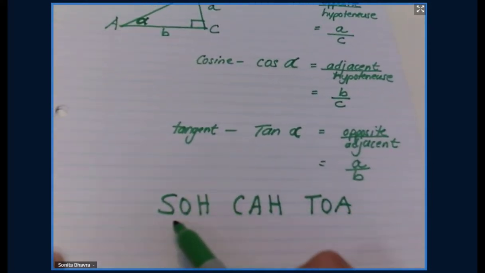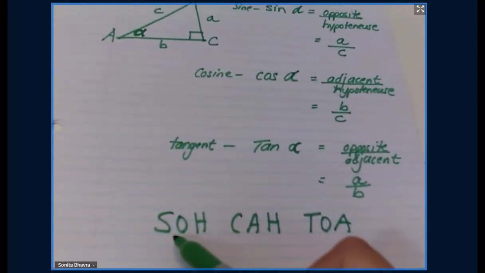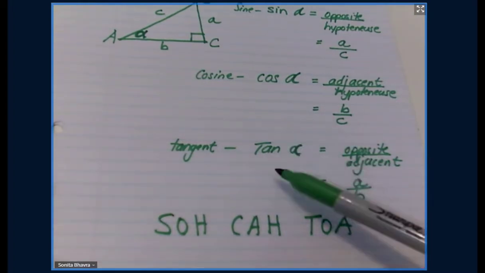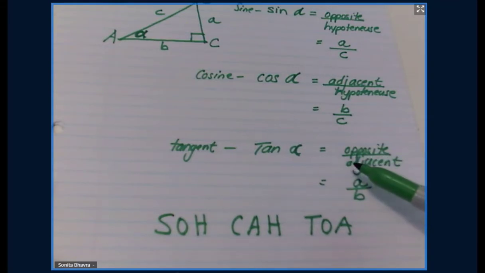S represents sine. The sine ratio is opposite over hypotenuse. The cosine is represented as C here, adjacent divided by hypotenuse. And then the tan ratio is opposite divided by adjacent. All right, so that is just the acronym to remember those ratios. So SOHCAHTOA.